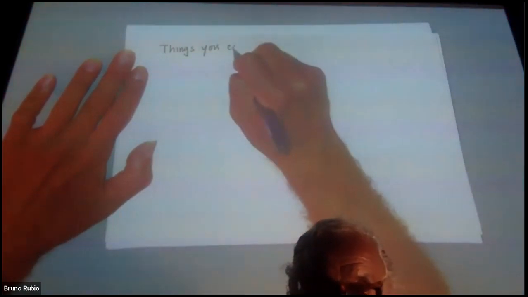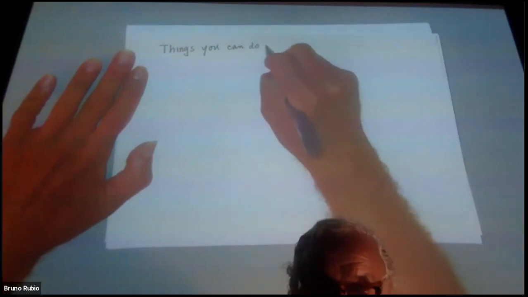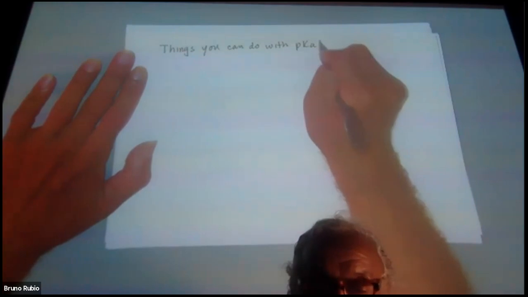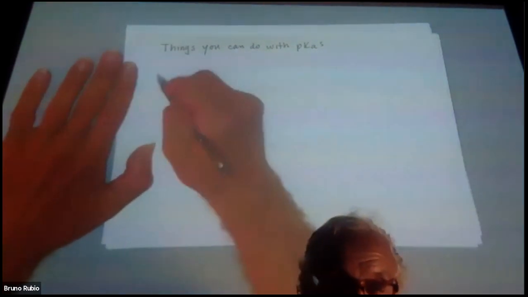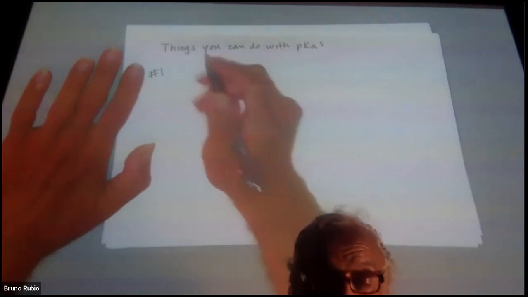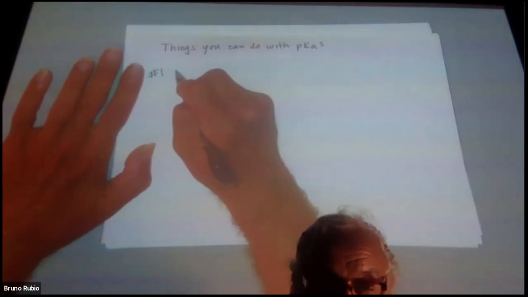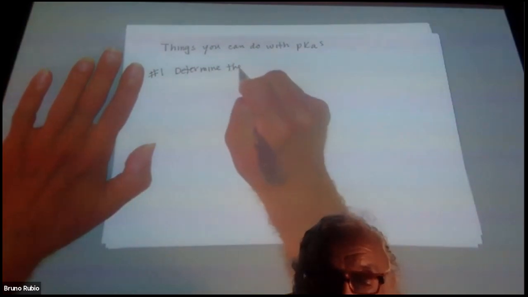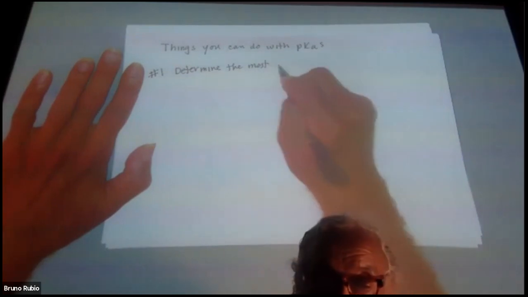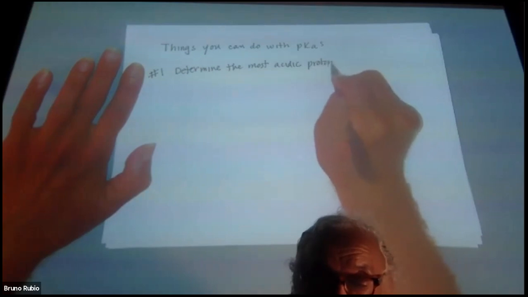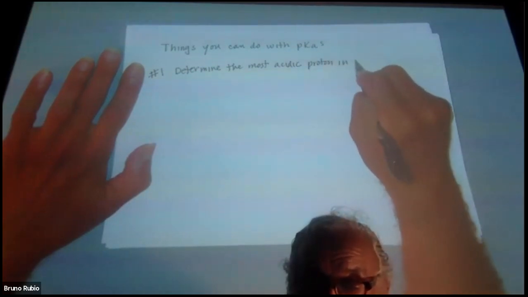The first thing that we can do with the pKa's will be to determine the most acidic proton in a molecule.